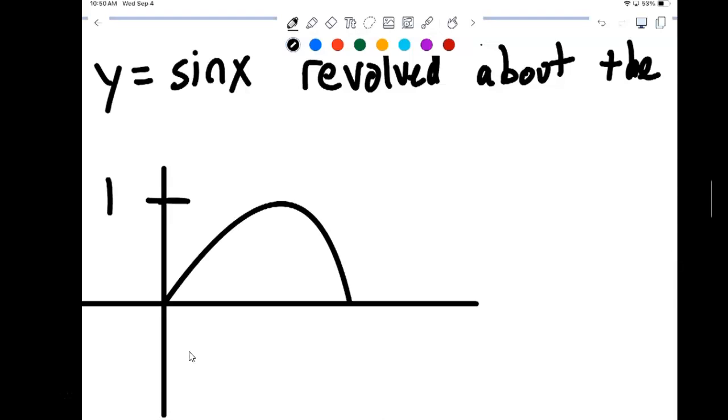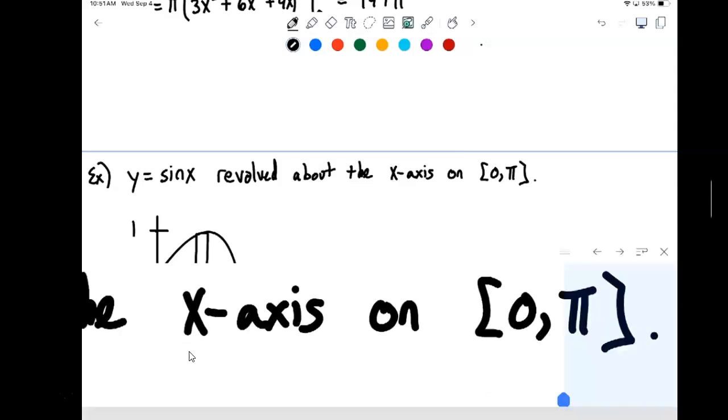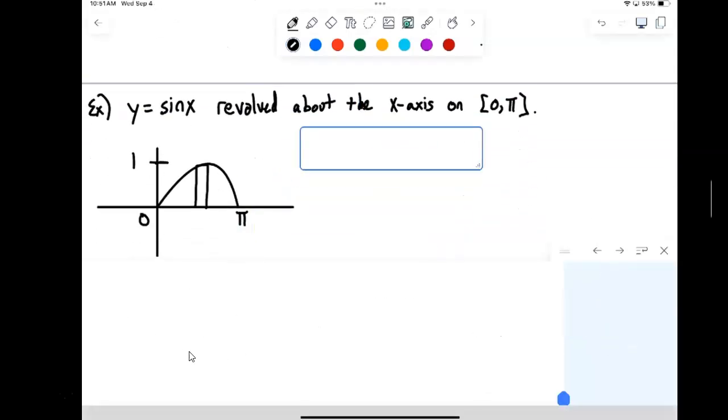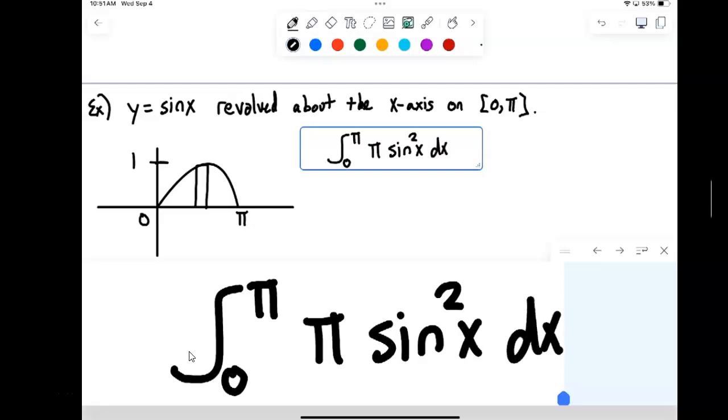And then, once again, we look for our radius. Again, it's just going to be the function itself. And on the x-axis here, we'd be going between 0 and pi. So what we have here is the integral from 0 to pi of pi times the sine squared of x dx.